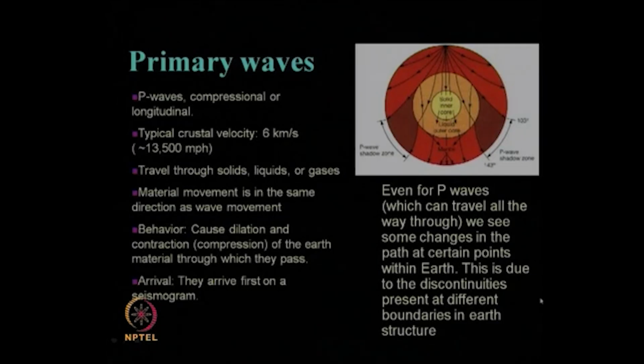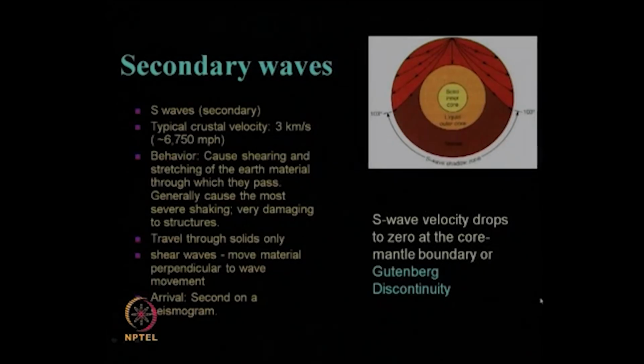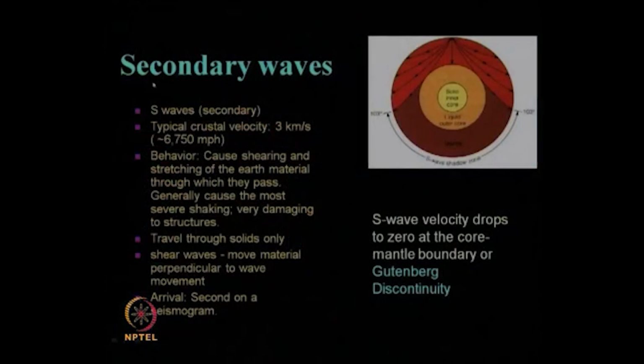Clear? Let us come to the next slide, which shows the behavior or characteristics of the secondary wave or S wave or shear wave. So, let us look at the slide over here. Secondary waves, S waves or shear waves, these are the different names commonly used for secondary waves.